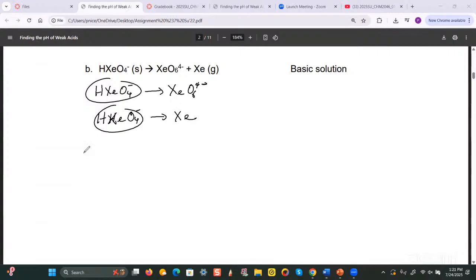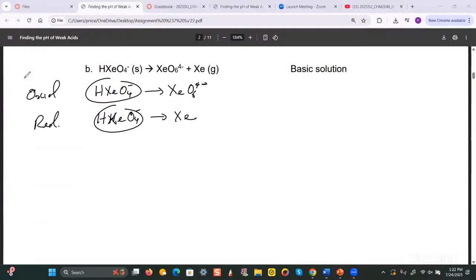What's actually happening here is that some of the original reactant will be reduced and the rest will be oxidized. So this one will be the oxidation half reaction, and this one will be the reduction half reaction. After this, we go through the same steps as we did in the previous example.